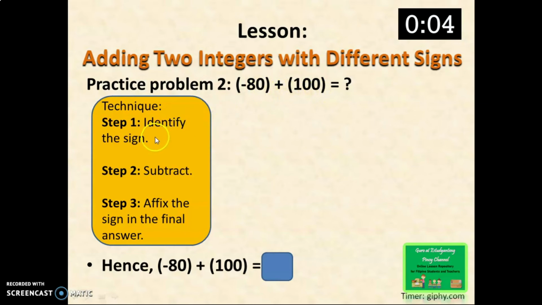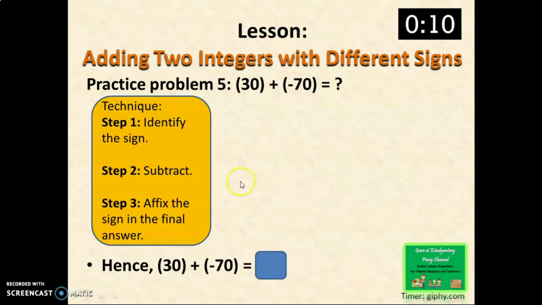Step 1, step 2. The final answer is positive 20. Next, practice problem 3. Negative 40 plus 50. Identify the sign. Subtract. The final answer is positive 10. Next, practice problem 4. Negative 25 plus 20. Identify the sign. Subtract. The final answer is negative 5.